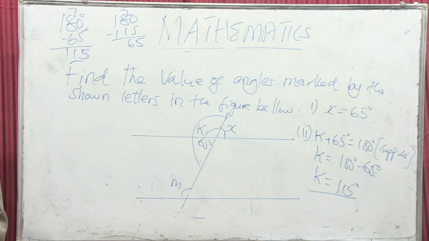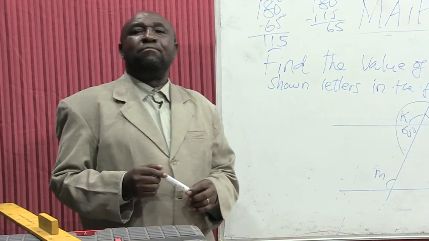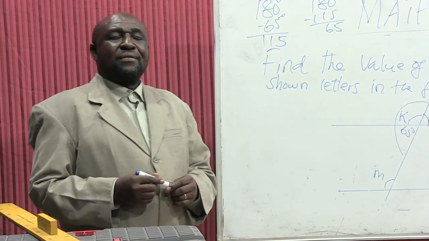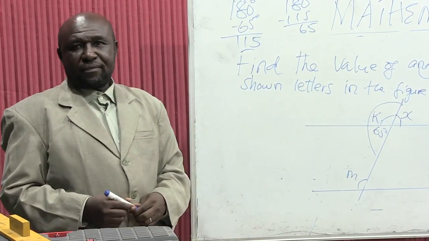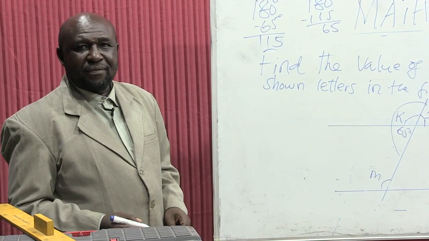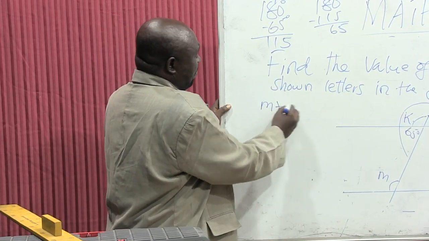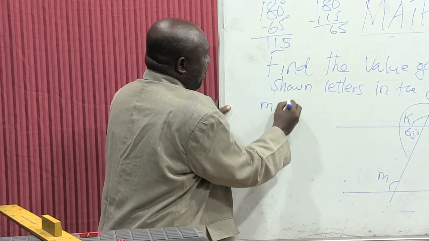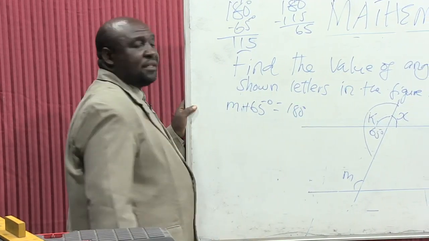Now, what is the value of M? What is the value of angle M? Okay, you say M plus 65 is equal to 180 degrees.